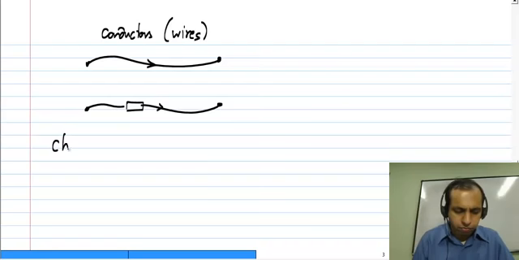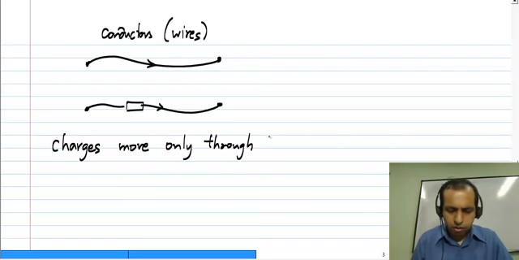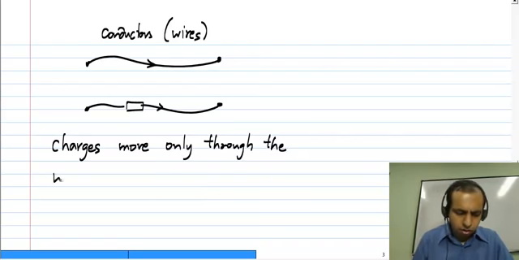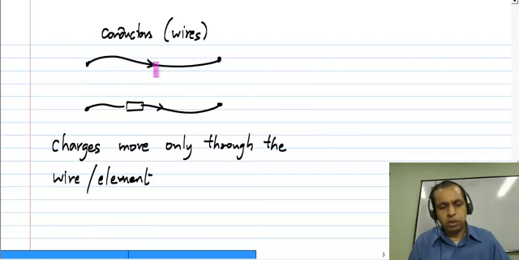Okay. And we'll concern ourselves with the total charge that is moving through the wire. Okay, and we won't worry about exactly how it is distributed across the surface of the wire.